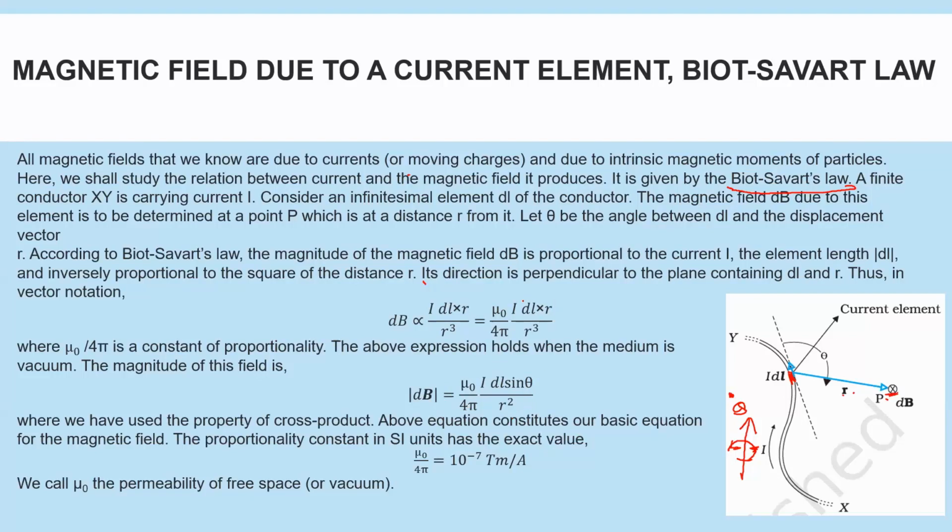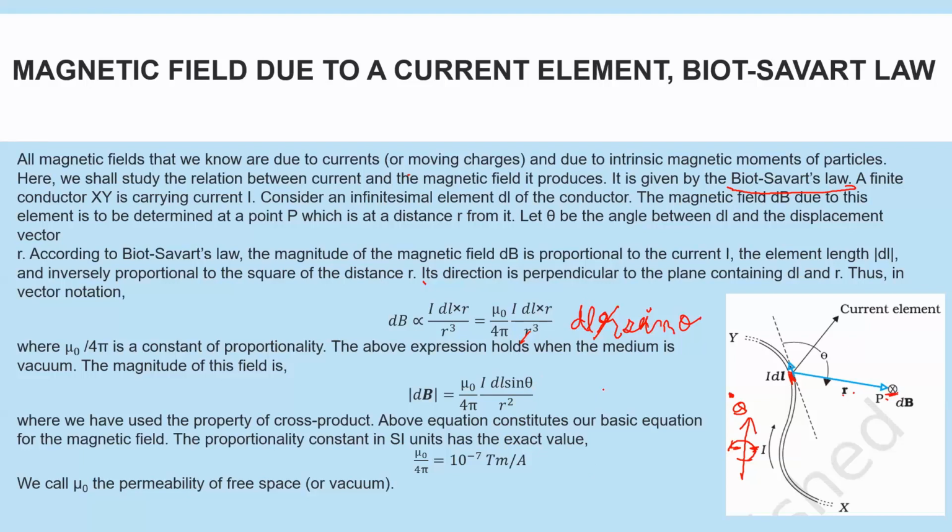When we take the cross product, if you do not want to use the vector notation, you can write it as dl r sine theta. Then the r and this one r get cancelled, so what you are left with is mu 0 by 4 pi IDL sine theta by r square. This is again because it's a cross product.